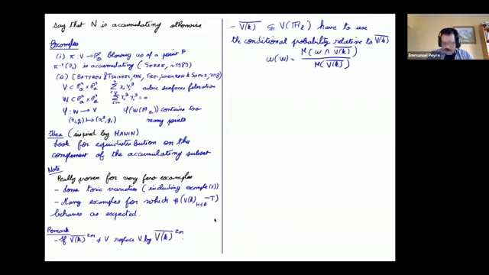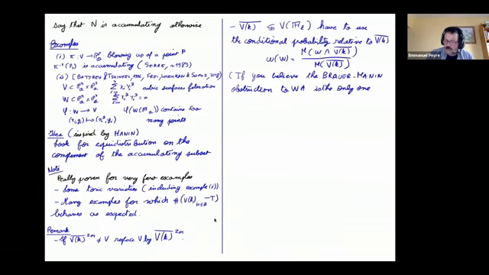And if you believe that in the situation you are considering, the Brauer-Manin obstruction to weak approximation is the only one, you may use the set which is defined by the Brauer-Manin obstruction instead of the closure of the rational points.